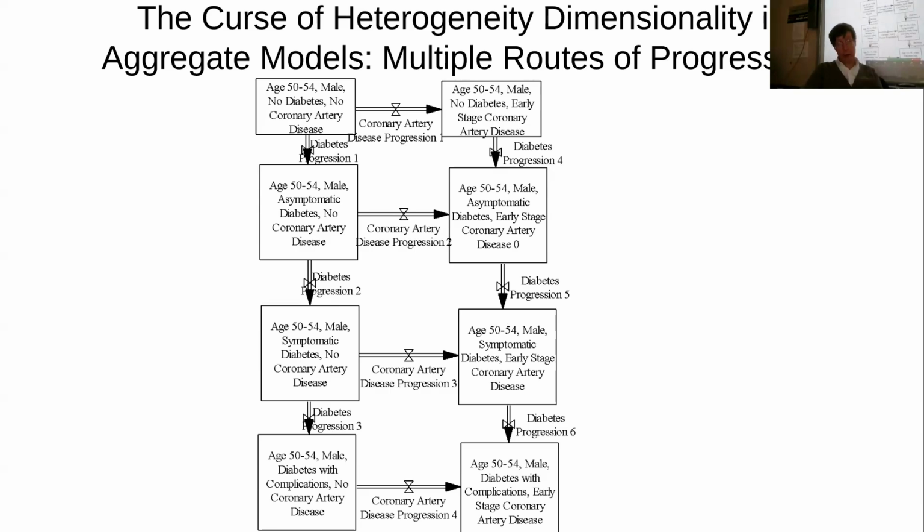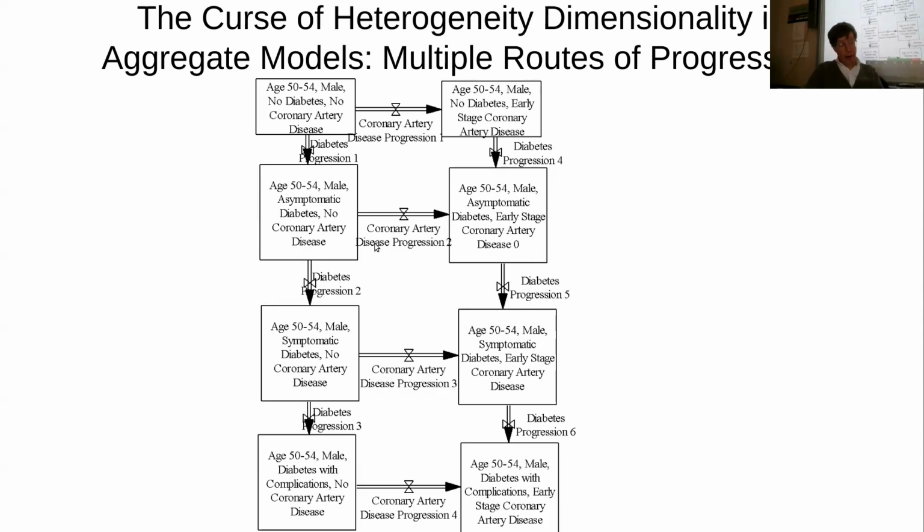Or we wish to characterize some other comorbid situation, or whether someone's diagnosed or not with respect to diabetes. Maybe if so, they proceed more slowly down the stages of the natural history of diabetes, or whether they're diagnosed with respect to coronary cardiovascular disease.